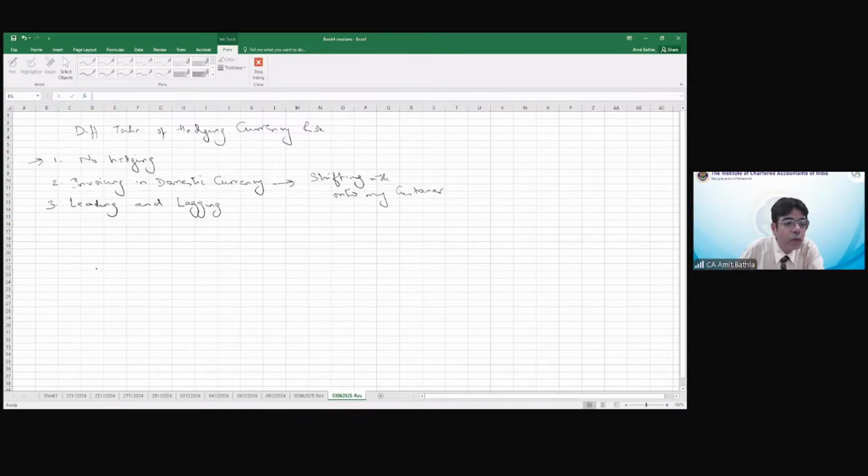Leading and lagging. What do you mean by leading? In the money market situation, or the commitments you have towards your suppliers, if you end up paying prior to the maturity, it's called leading.